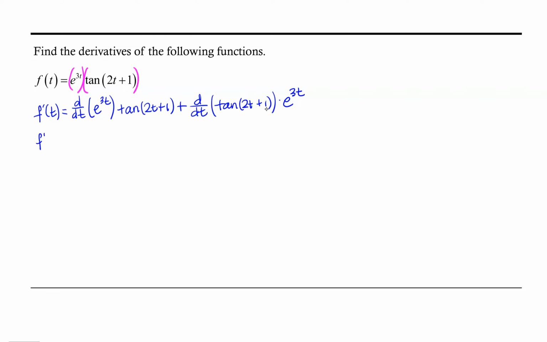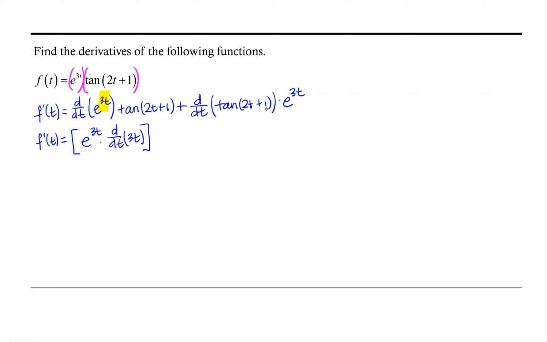So f prime of t equals, now by the chain rule, the derivative of an exponential function is an exponential, but we have an argument here of 3t. So when we apply the derivative, we're going to have e to keep my argument, times the derivative of my argument.